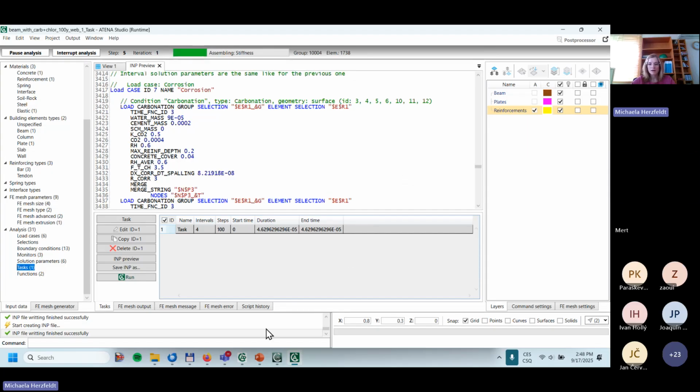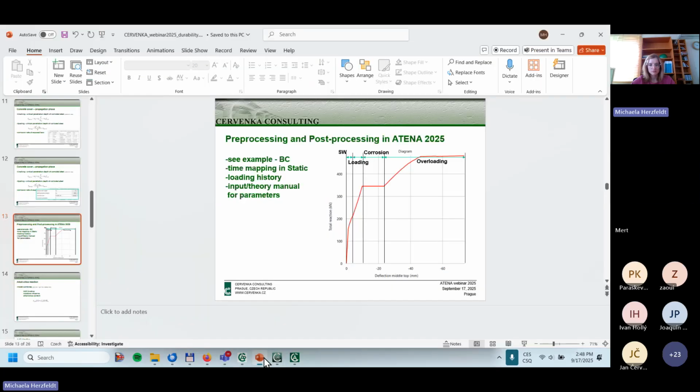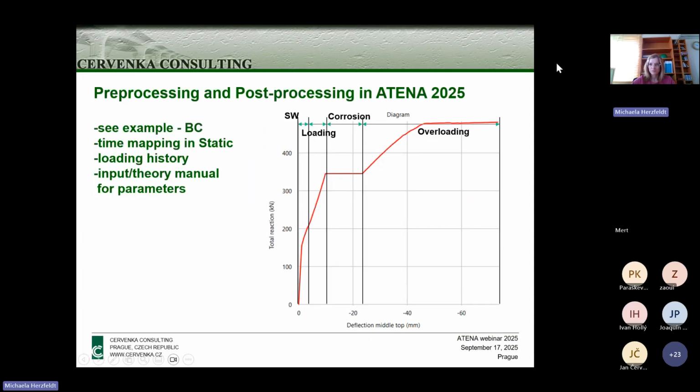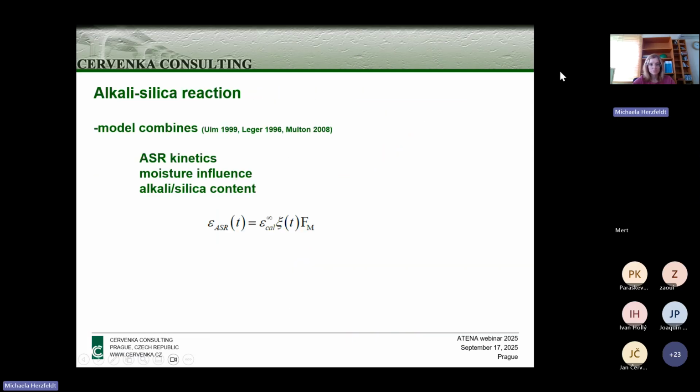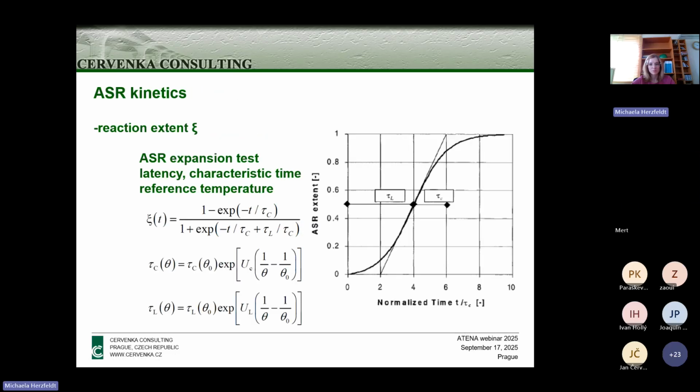And I will jump into the presentation again, and we can finish the presentation with the alkali-silica reaction, and how it is considered in ATENA, because we have a model that combines three effects: ASR kinetics, then the moisture influence of the environment, and also the alkali-silica content, which is related to how big a strain can develop.